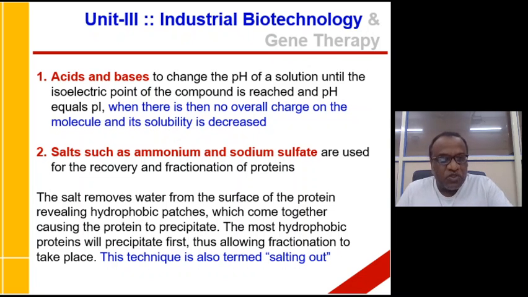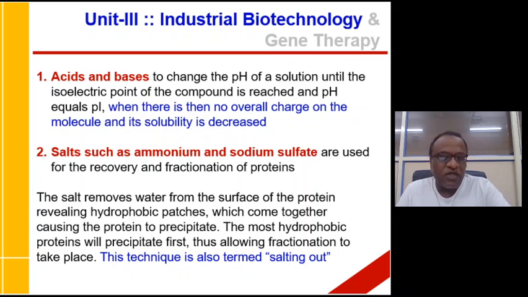So its solubility is decreased. So this is one of the important components to render the product of our interest insoluble. And second, we have salts such as ammonium sulfate and sodium sulfate.